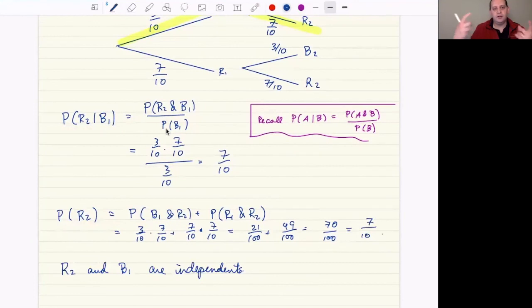In the prior example, the events were not independent. And I think intuitively that should make sense. If we put the marble back, then it really doesn't matter what happened first. That won't affect what happens for the second draw. Okay, so in this case, when we do this with replacement, R2 and B1 are independent.